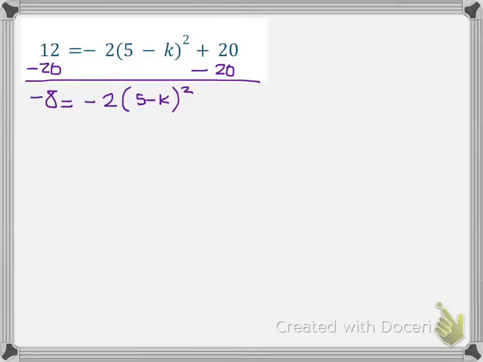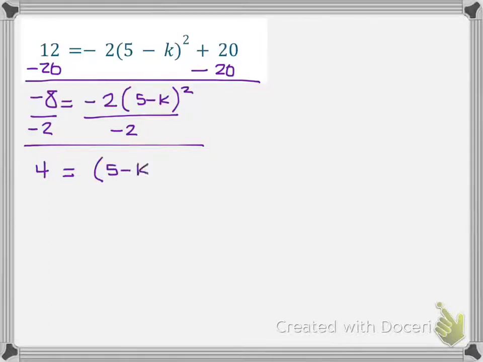And then before I can undo the square, I've got to get rid of this negative 2. So I'm going to divide by negative 2 from both sides. That's going to give me a positive 4 is equal to 5 minus k, and that's squared.